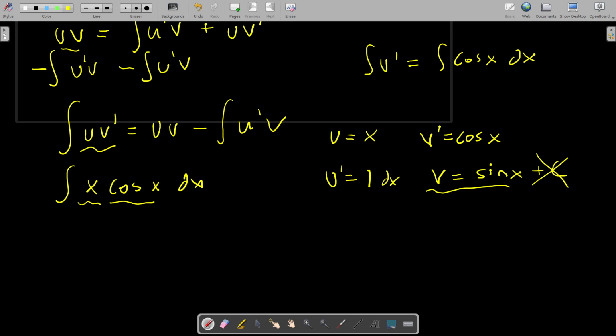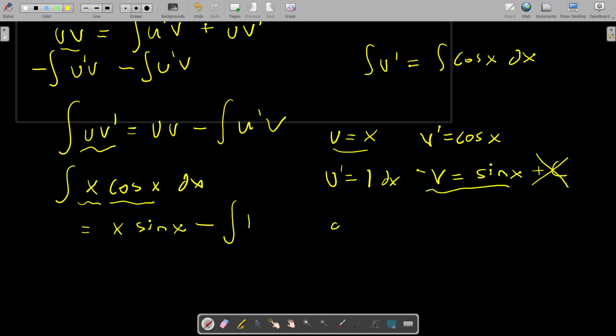So then, coming back to our integral, we can substitute in for uv. We have our u here and we have our v here. So uv is going to be just x sine of x. And then minus, we want u prime v. So that's just going to be 1.